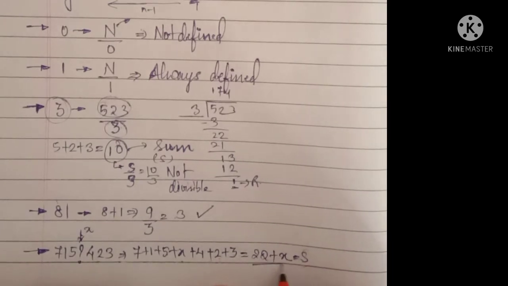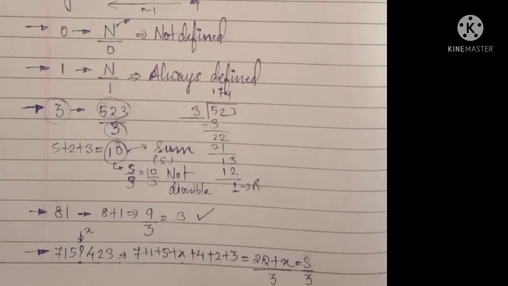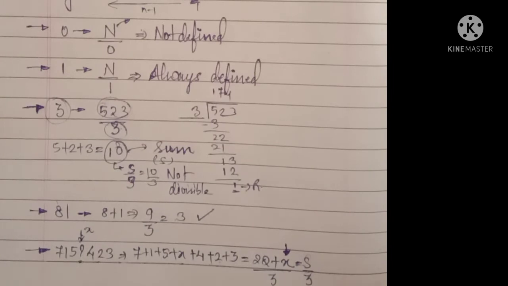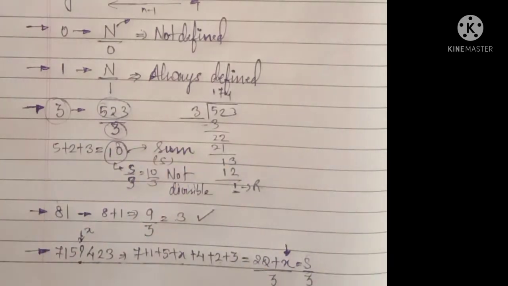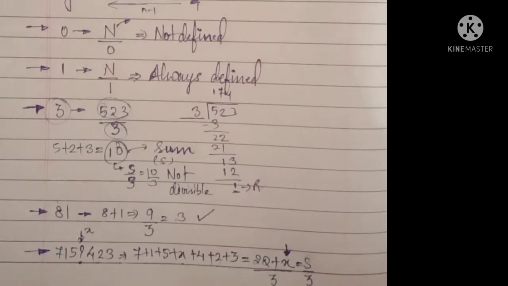और हम लोग sum by 3 करते, right? So what do I need to add here so that I get a number that is divisible by 3? The question asks only that: you choose x so that you get a number divisible by 3.